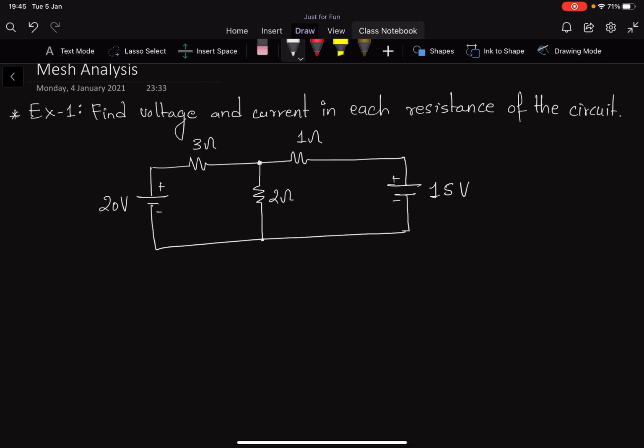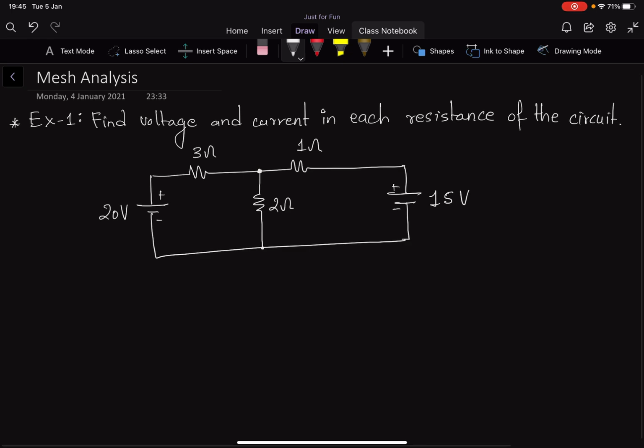The key thing you have to remember is that we are applying mesh analysis to solve this circuit.